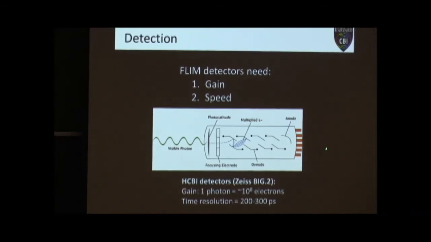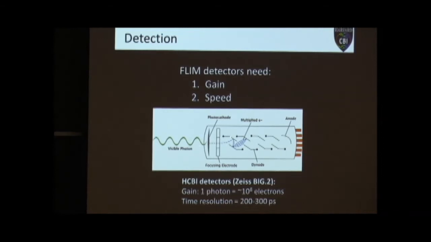So this is a diagram of what a photomultiplier tube looks like. What we have is we have our photon that comes flying in, and it hits the photocathode. So this is a material, in our case it's going to be GaAsP, so gallium arsenide phosphide. But when a photon hits it, it releases an electron. Okay? That's a property of the semiconductor, of the material that we're using. So that electron then flies into a vacuum tube, and there's an electric charge that's placed across this tube.